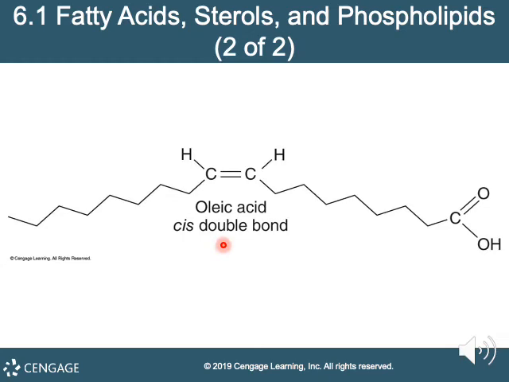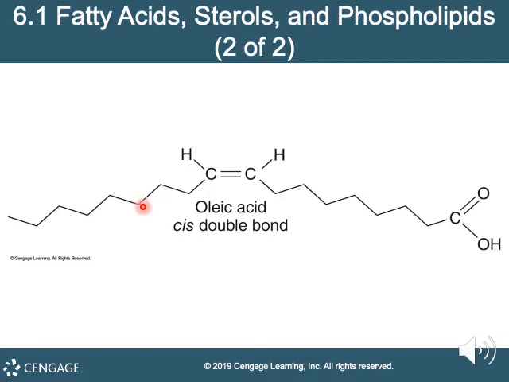Oleic acid is an 18-carbon fat that's found in plant and animal fats. It's a monounsaturated fat having one double bond, and the hydrogens are on the same side, so it's a cis fatty acid. In chemistry, often to simplify drawing of diagrams, each point is considered a carbon.